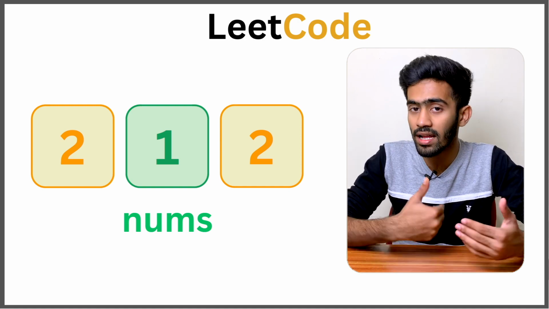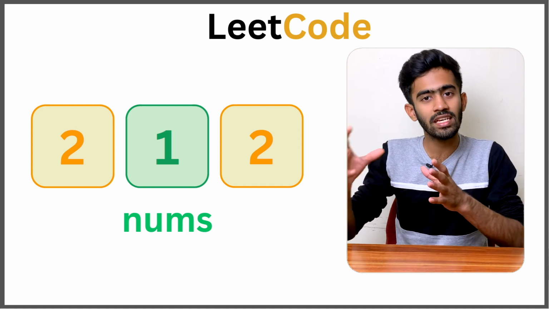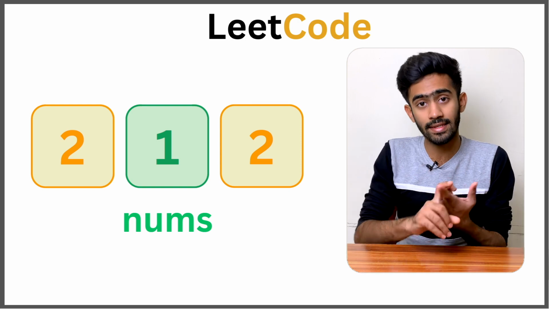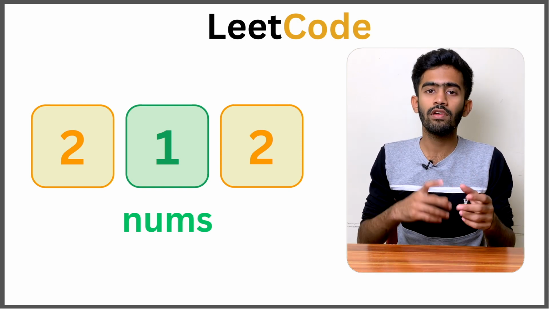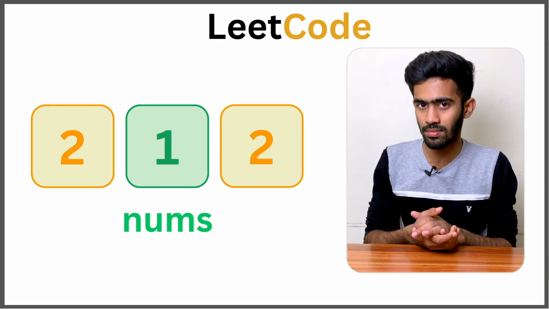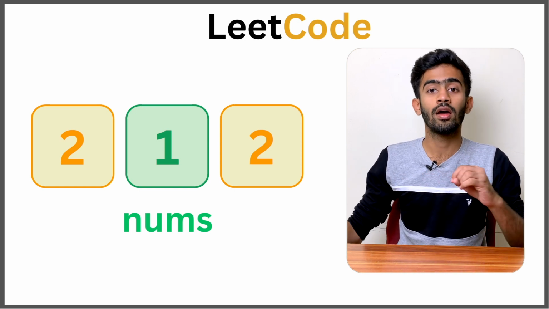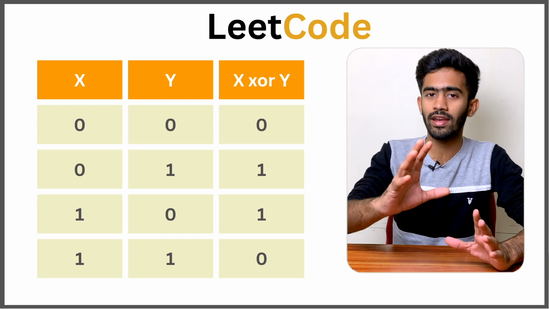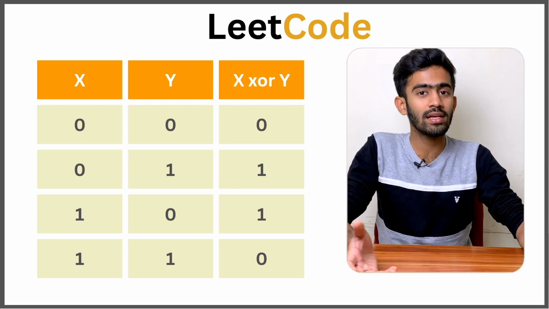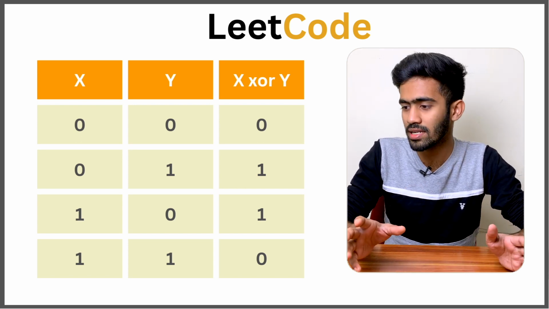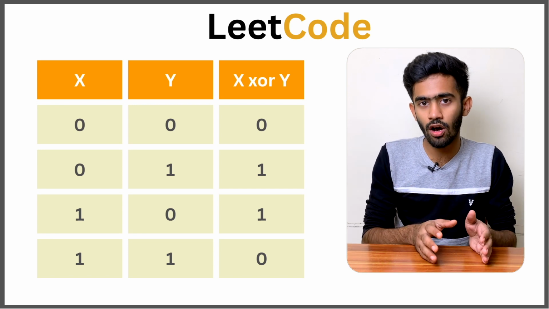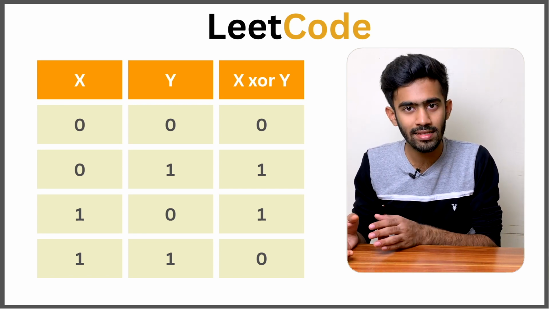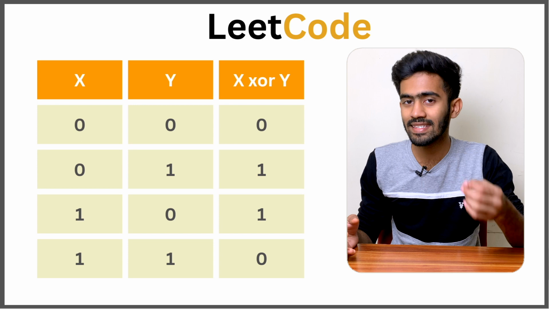But since we can't use extra space to store that frequency or count information inside an array or a hash map, we would have to think of another solution, and that is where our bitwise operators come into action. Here we have the truth table of an XOR operator. So what is an XOR operator? In simple terms, it gives us the output of 0 or false if both the inputs are the same.